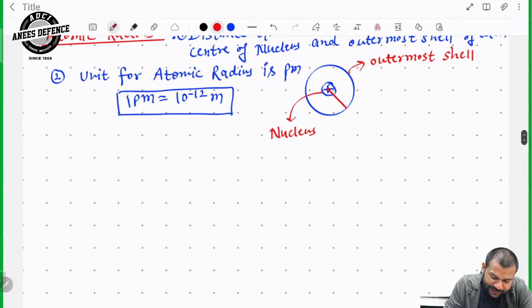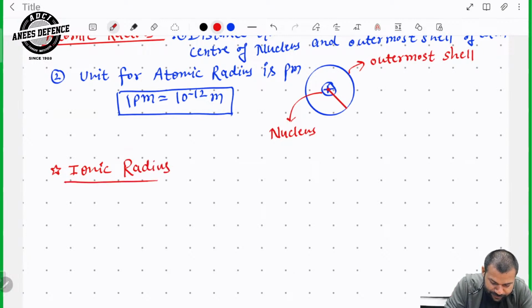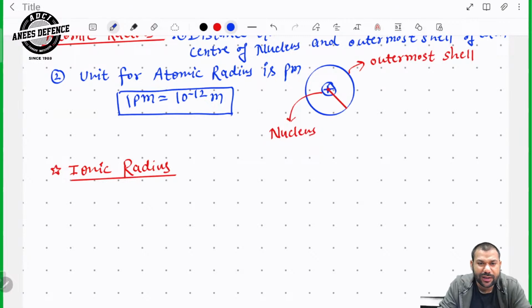So in atomic radius, one of the points which we discuss is ionic radius. What is ionic radius? The concept will be the same, and ionic radius is defined for ions, right?